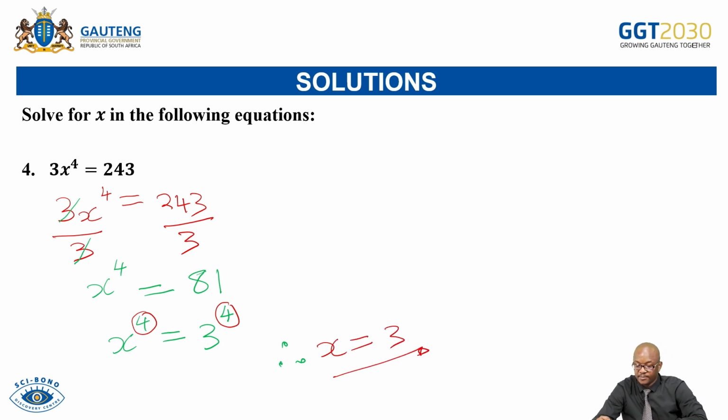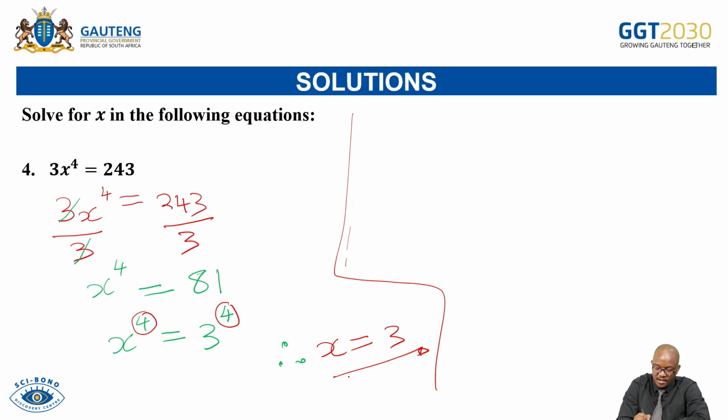Then 3 to the exponent of 4 is 81. And another thing you must understand is that whenever you arrive at your answer, you can still check your answer.